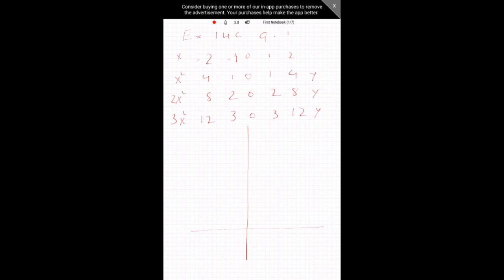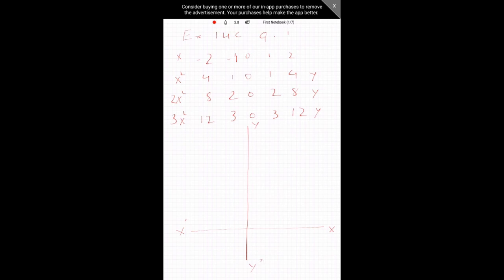Because all the values of y are positive, that's why I draw this line at the bottom. If some values of y are negative, we can draw this in the center of the y-axis. This is the y-axis, this is the x-axis, this is negative x, this is negative y.